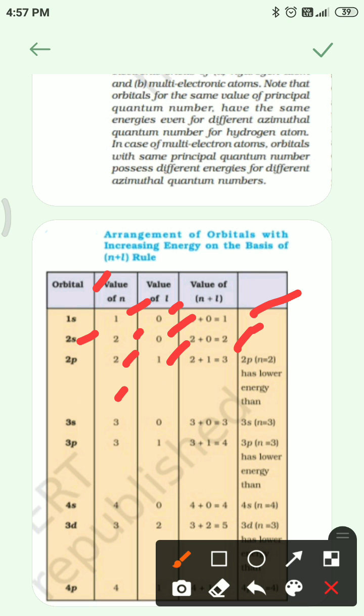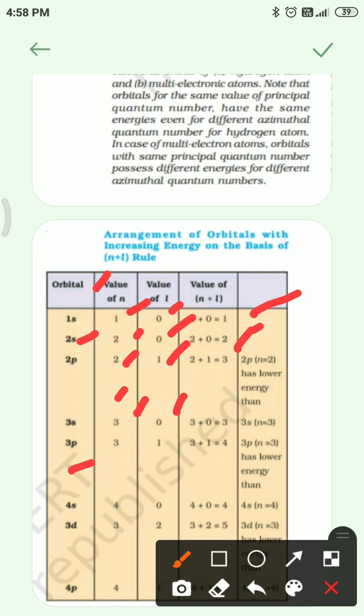In the 3s orbital, n is 3 and l is 0, so 3 plus 0 is equal to 3. So 2p, with n equal to 2, has lower energy than 3s, with n equal to 3.